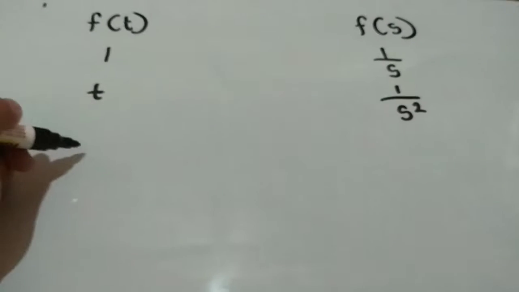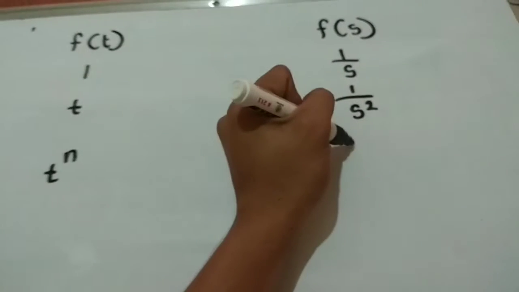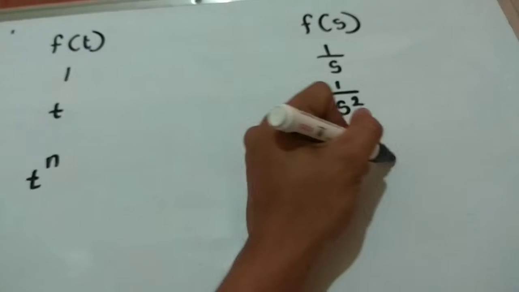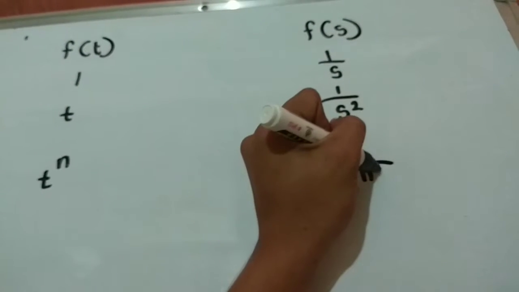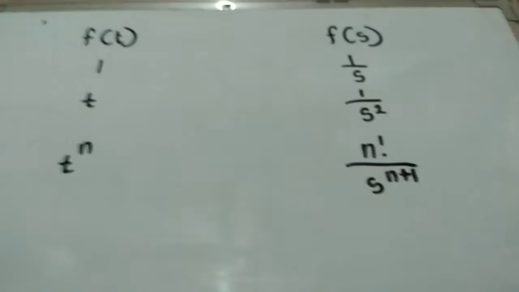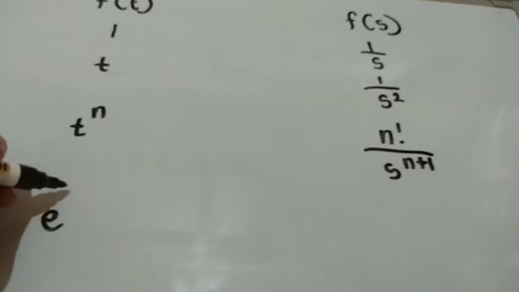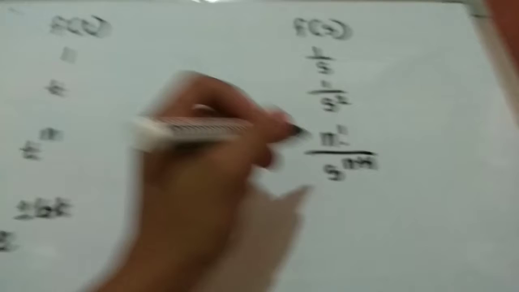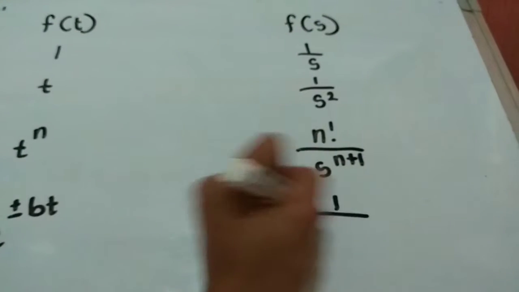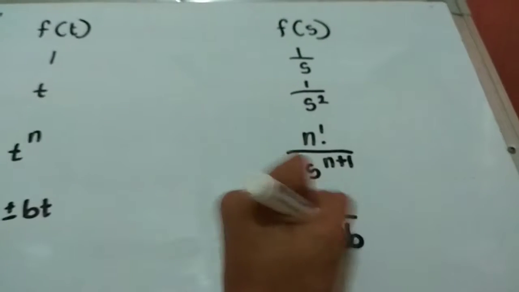The Laplace of t to the power of n is equal to n factorial over s to the power of n plus 1. And the Laplace of e to the power of plus or minus bt is equal to 1 over s minus or plus b.